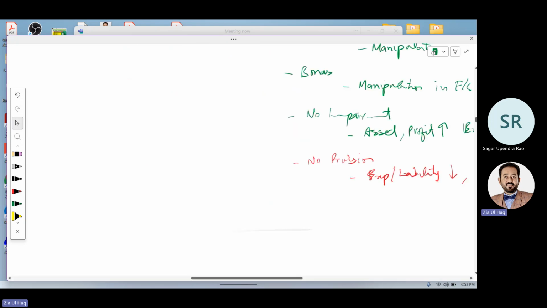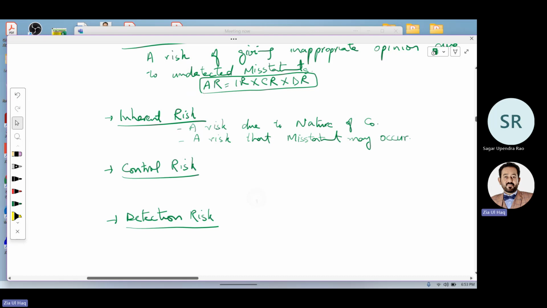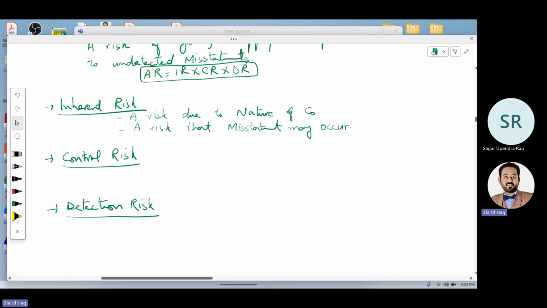Is that fine? We are discussing examples of inherent risk. Due to the nature of the company, inventory could be overstated if not recorded at lower of cost and NRV. Or by obtaining information about the company, we are aware of chances of misstatement, like the company is going to obtain a bank loan.